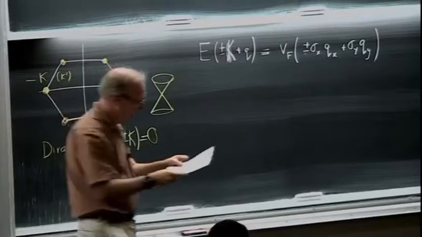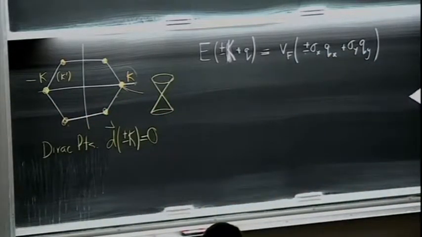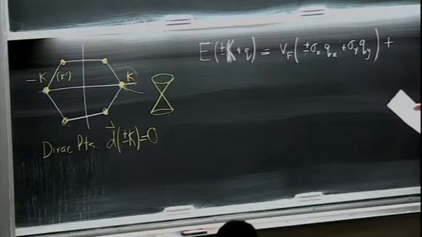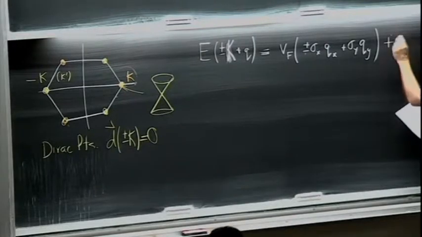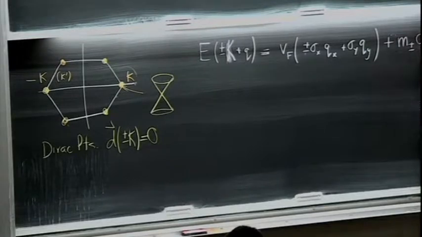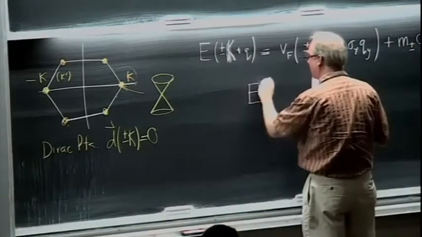In general, by lowering the symmetry, I might be able to add some mass, some sigma z term, like this. And maybe it's the same at k and minus k, or maybe not. So I could have two different mass terms. And if I do this, of course, then my energy is going to have a gap.